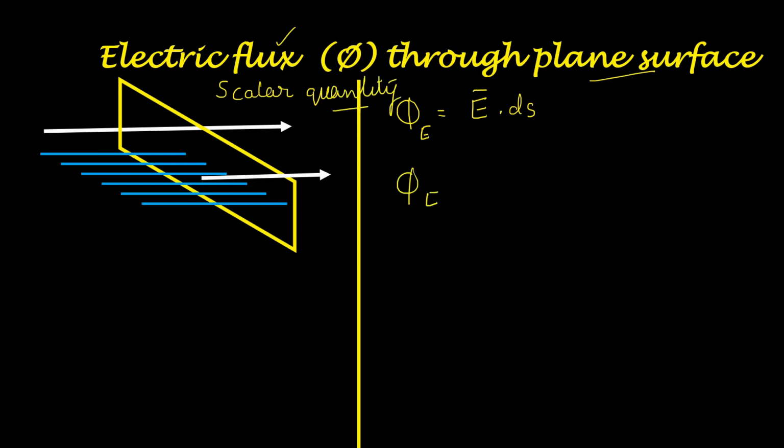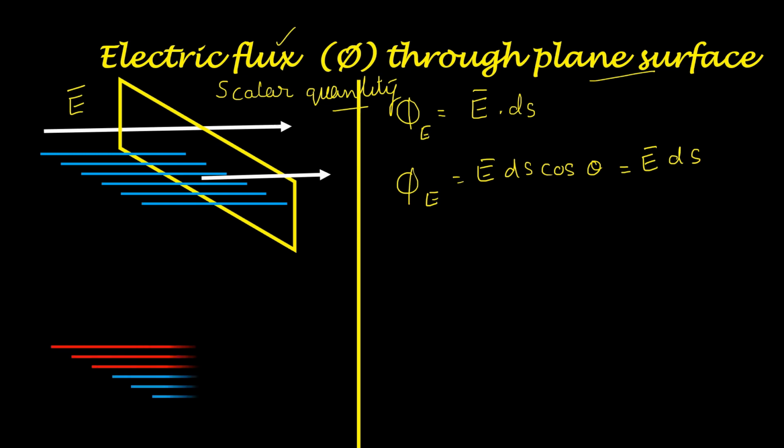So electric flux is equal to E ds cos theta, where theta is the angle between the electric field and the area vector. That is the projection of the area vector to the electric field. Here theta is equal to 0, so this becomes E ds because cos 0 is equal to 1.